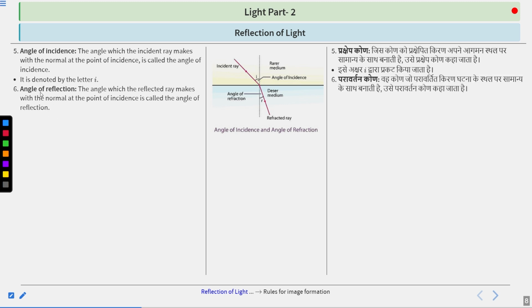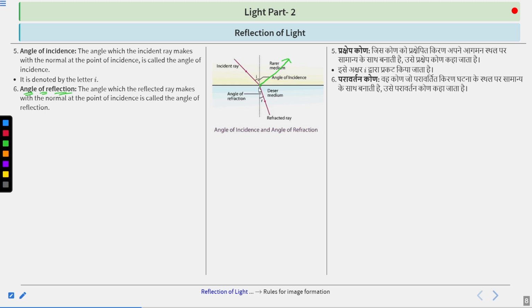Second one is the angle of reflection. The angle which the reflected ray makes with the normal at the point of incidence is called the angle of reflection. For example, the incident ray is coming from the air or from the vacuum. Here it is striking at the point of incidence. From here, this ray will be reflected back to the same medium from where it was coming.